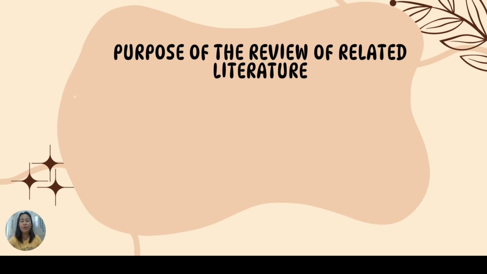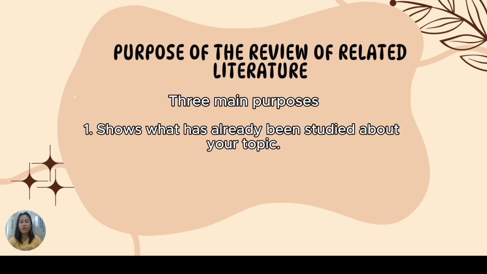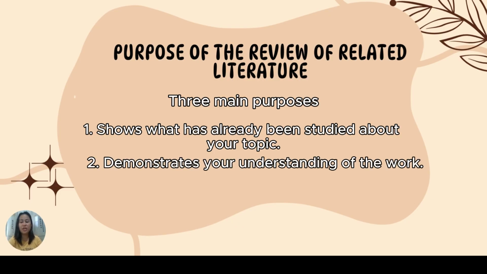Chapter 2, or the review of related literature, serves three main purposes. First, it shows what has already been studied about your topic, giving readers a clear picture of existing research. Second, it demonstrates your understanding of the work that's already out there, proving that you've read, analyzed, and grasped the key studies.